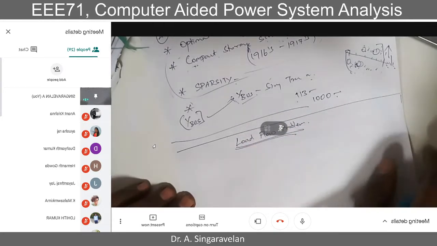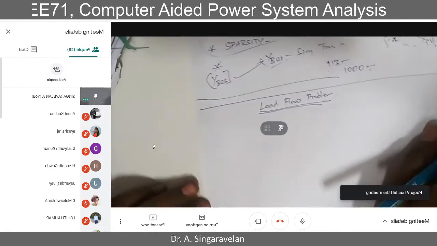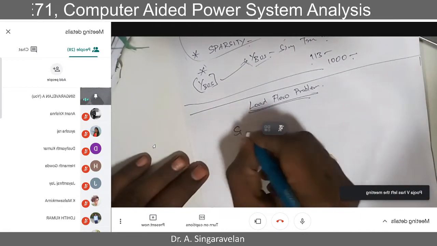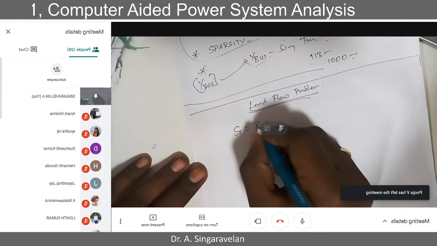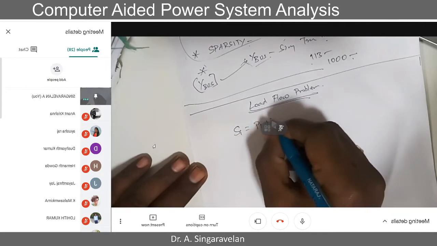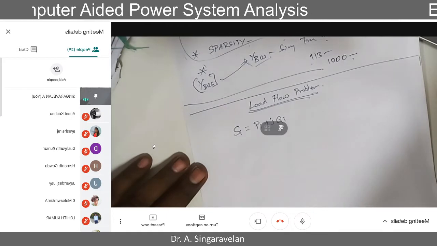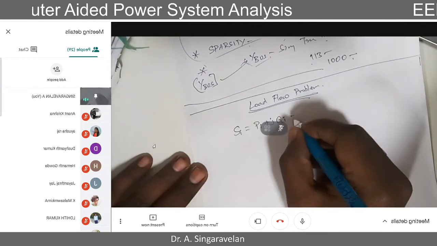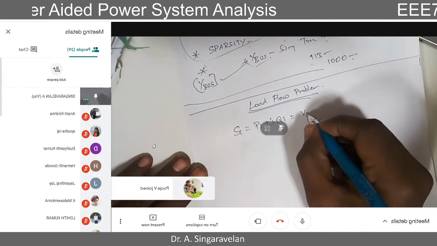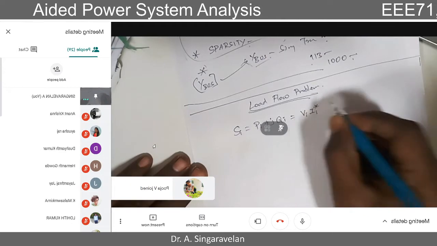So what is the load flow? We all know that the complex power Si is equal to Pi plus jQi. This is very basic and familiar. The same thing can be represented by Vi also.